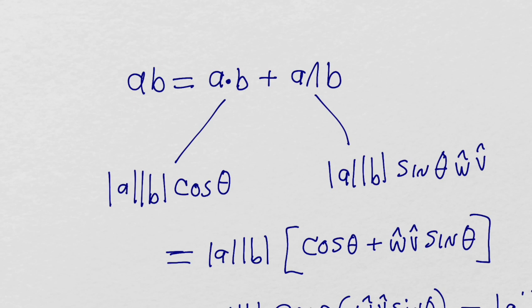Reminder that for two vectors A and B, we take their geometric product: A dot B plus A wedge B. We know that A dot B is this inner product, which is the magnitude of A times the magnitude of B times the cosine of the angle between them.